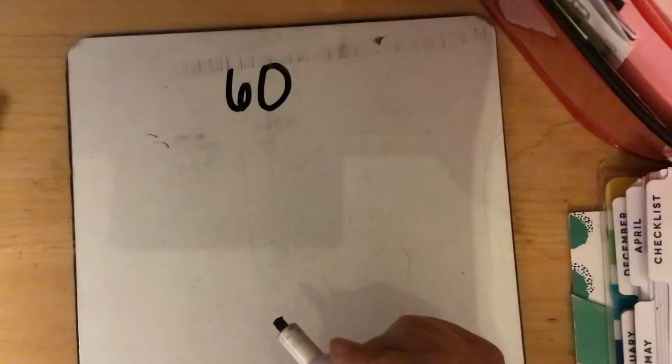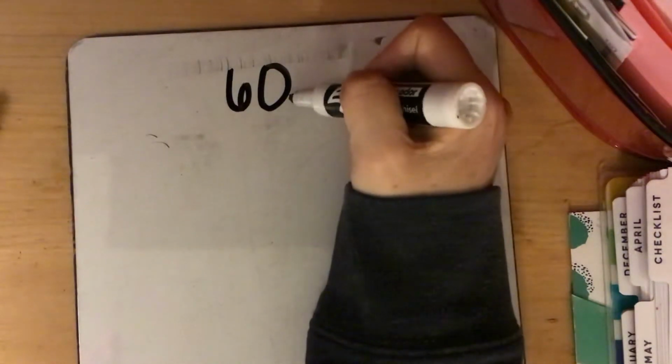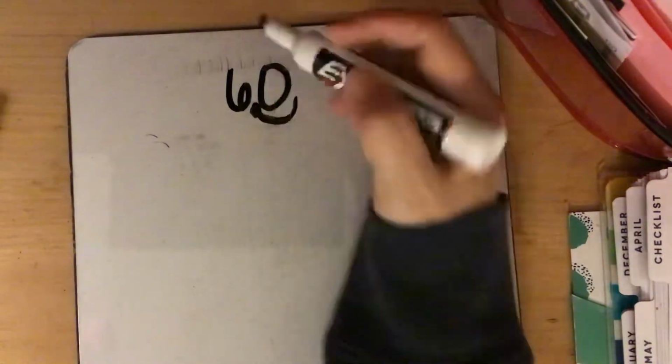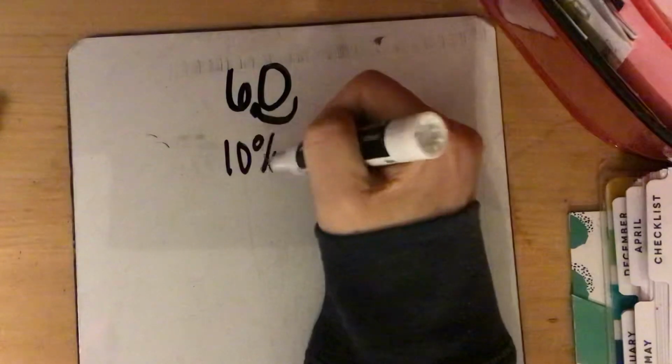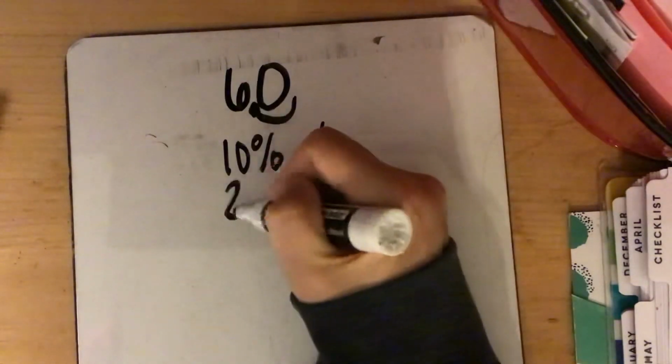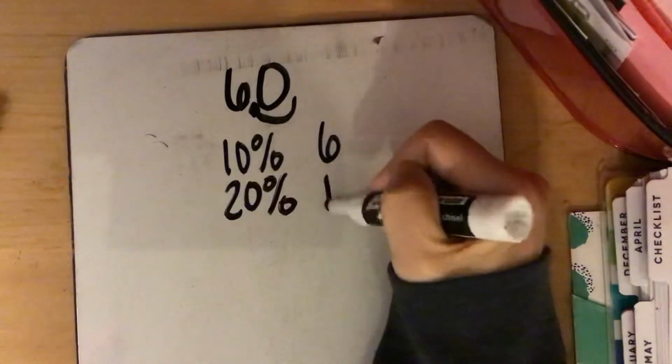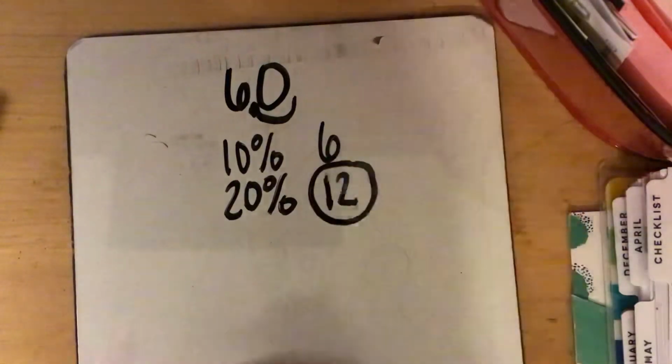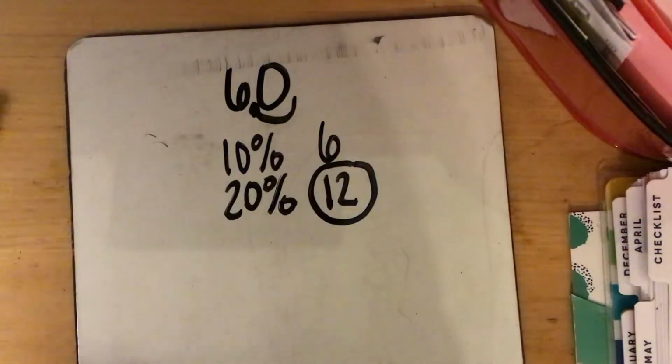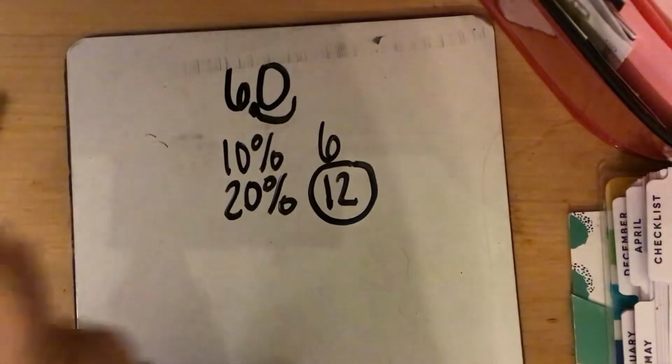And we want to leave a 20% tip. If I want to do that mentally in my head, I would think, okay, move the decimal over. So 10% would be $6. 20% would be $12. So that's a very fast way that I could use percentages to figure out my tip.